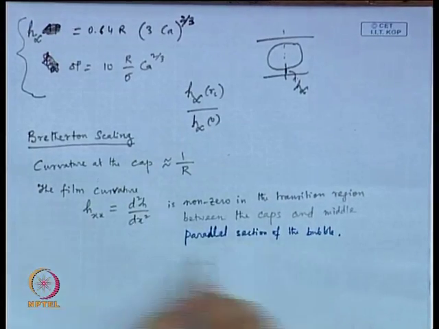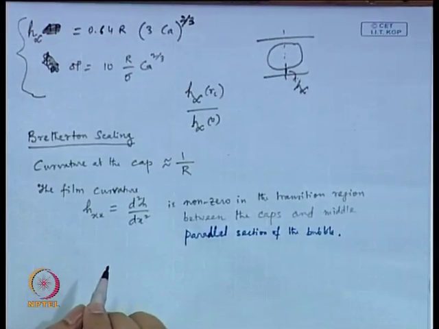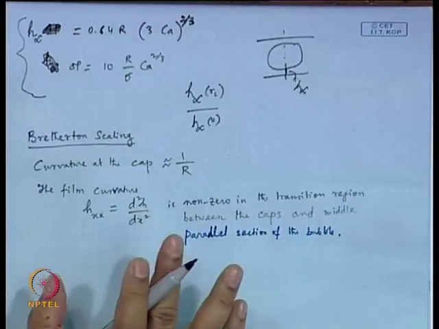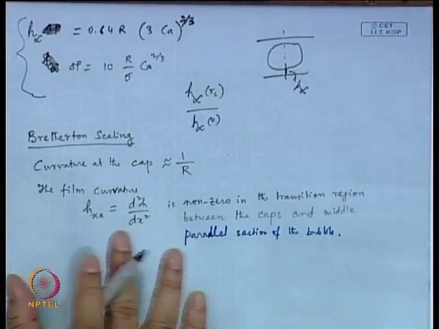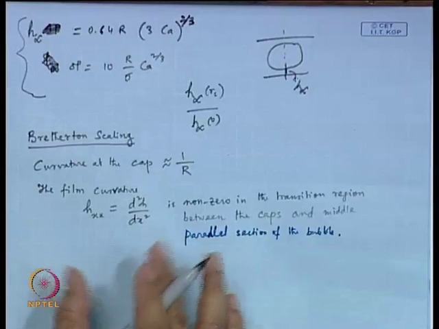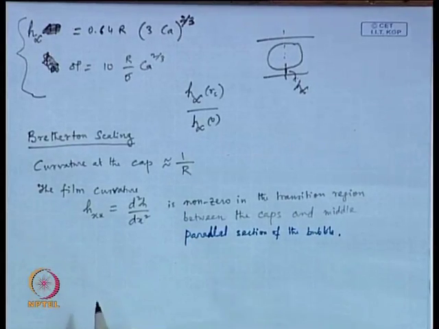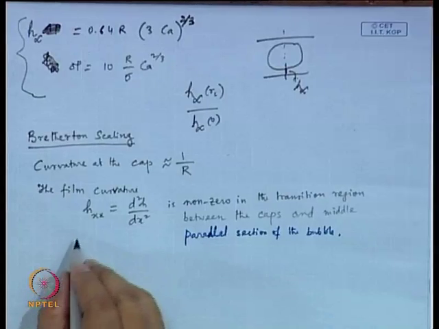Now it can be said that these two curvatures are to be balanced at the transition. So, what was done in Bretherton scaling is they have equated these.